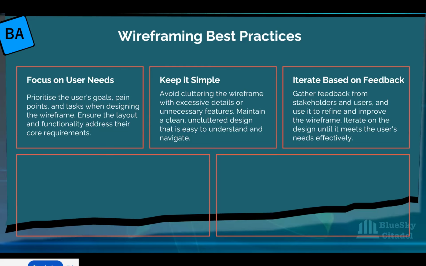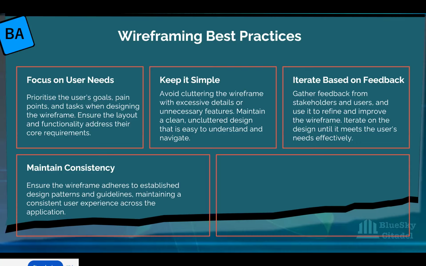Again, the reason for a wireframe is for iteration. It's used to refine your user stories. So you take it, you get it refined, you improve on it, and make sure that it works. It suits the stakeholders' needs and requirements, it clearly shows the user's needs, and it gets approved. Okay.